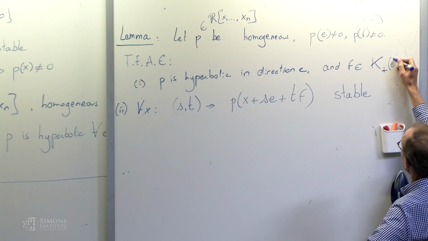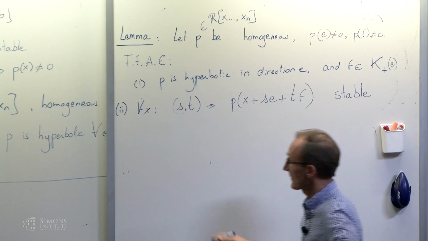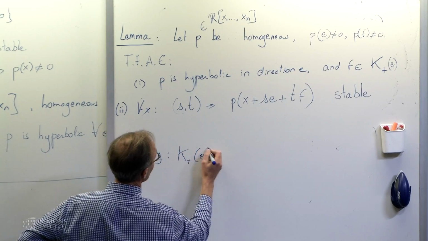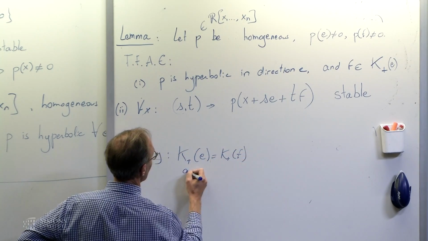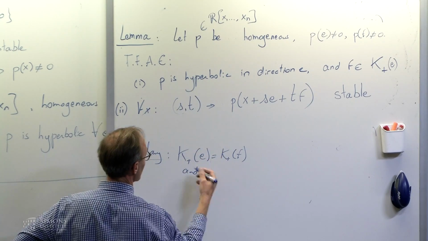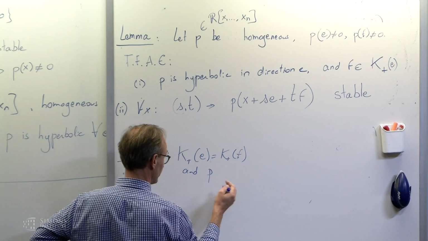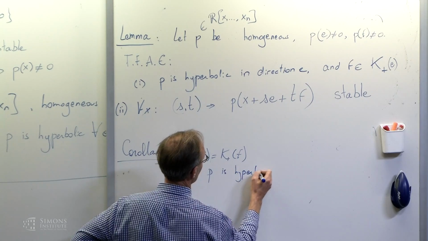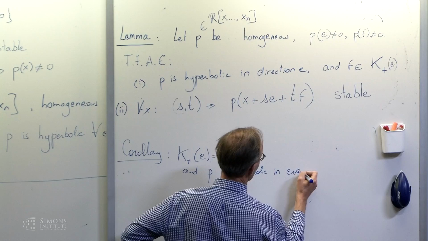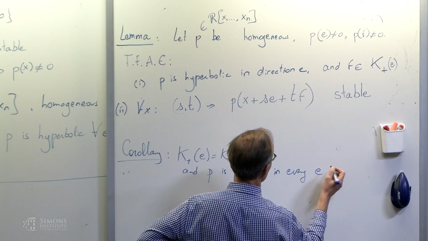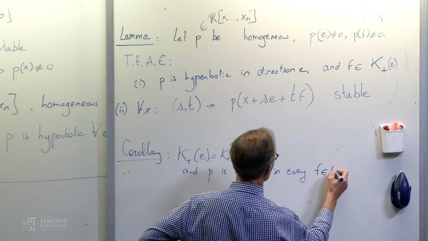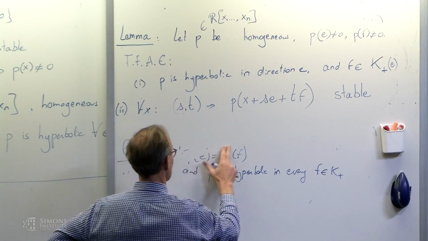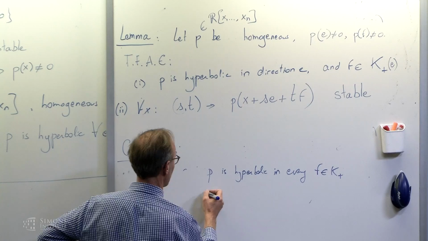So I should say K plus of E corresponds to E. So as a corollary, we would have that K plus of E is equal to K plus of F, and P is hyperbolic in every E, in every F.